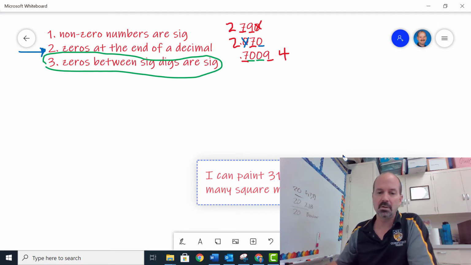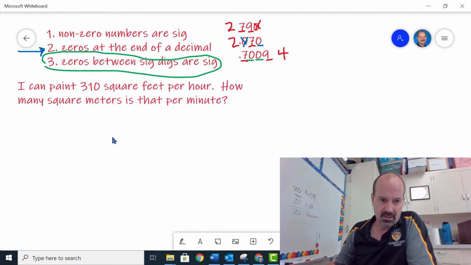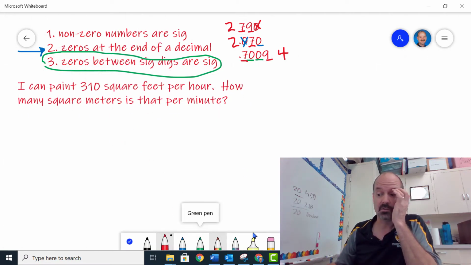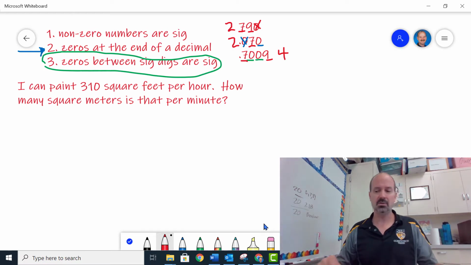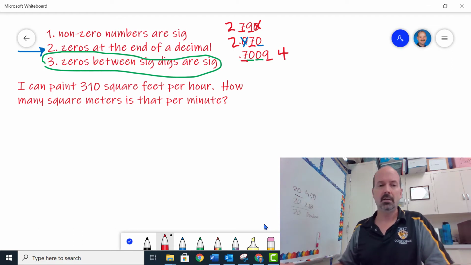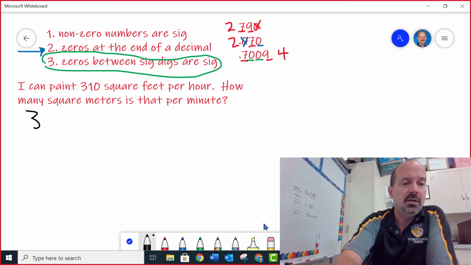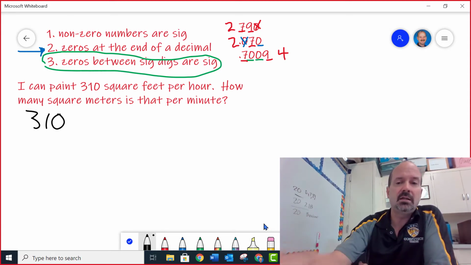All right, so there's our question. To begin with, I have to take this 310 square feet per hour, and I basically have to turn it into a fraction. So I could write 310, and sometimes the book does feet squared like this, feet with a little 2 up top.